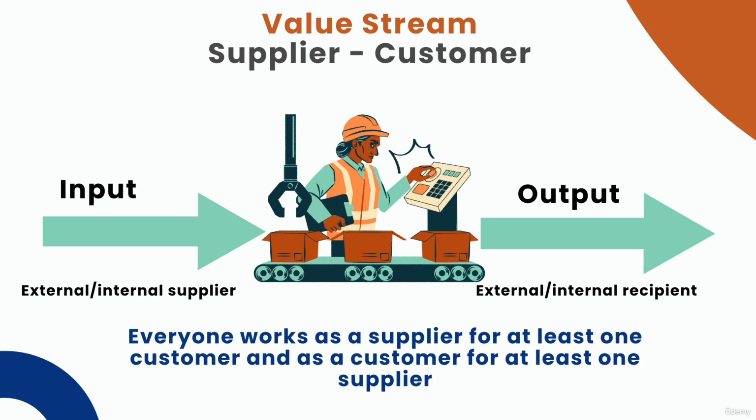When mapping the value stream, we aim to identify value-adding stages to eliminate waste and, more importantly, optimize each of these supplier-customer relationships. We need to make sure that every link in our production chain can receive raw materials and information efficiently and produce outputs that meet or exceed the expectations of our internal and external customers.